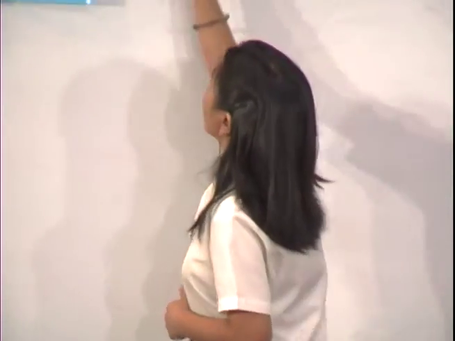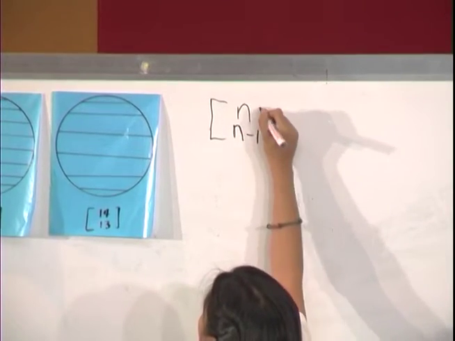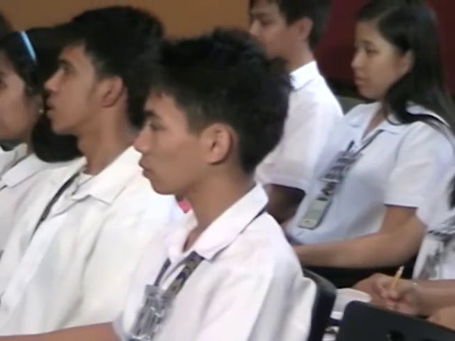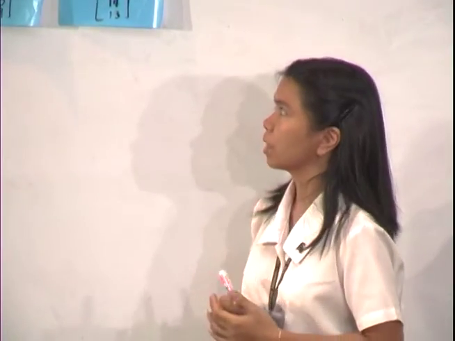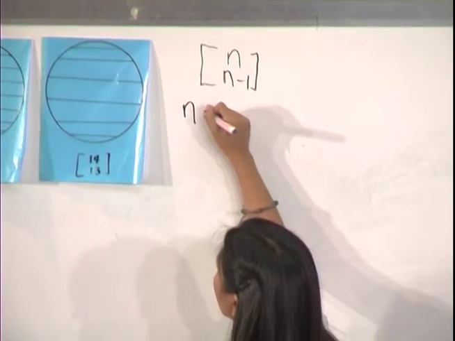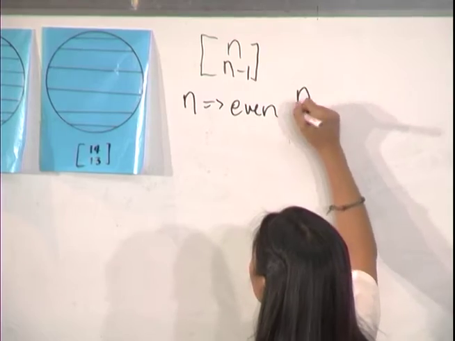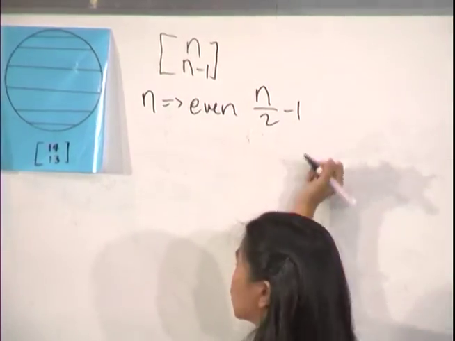We are asked to find different values for n and factor n minus 1. And we found out that for the given graphs we have parallel chords, and if n is even, it is equal to n over 2 minus 1 parallel chords.